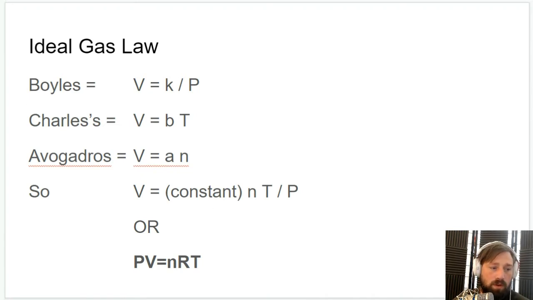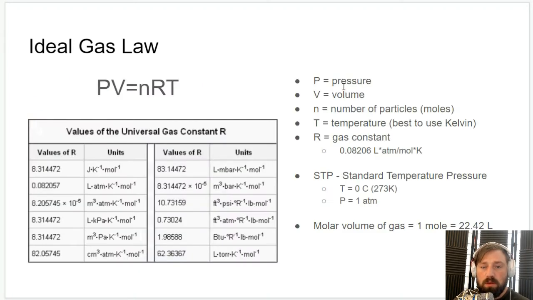What I want to do is go through and just say, how will all of these guys affect each other? What would happen if I increased pressure? If I increased pressure and everything else was the same, what would happen to volume?